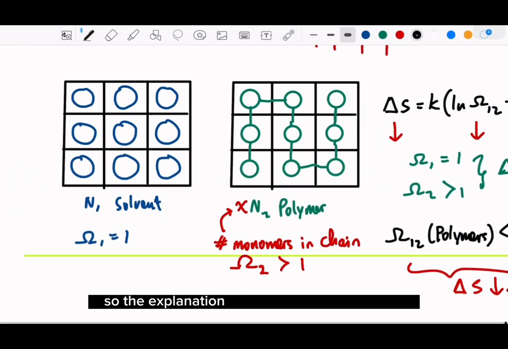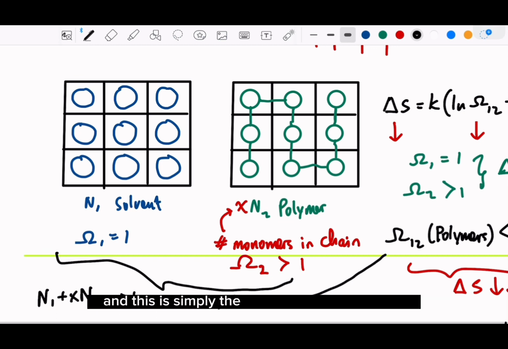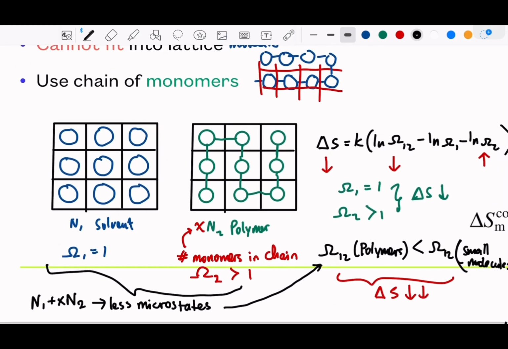So the explanation is that if we combine these two, so N1 plus x N2, we will have fewer microstates. And this is simply the same conclusion as that.